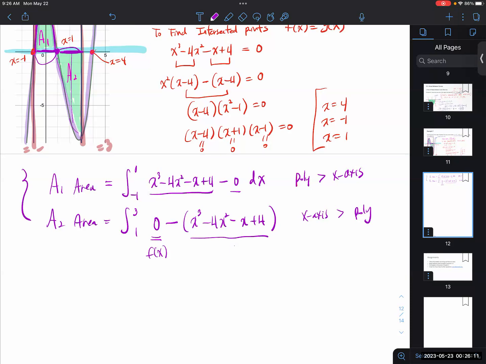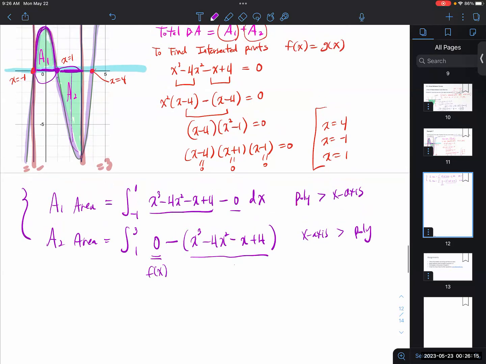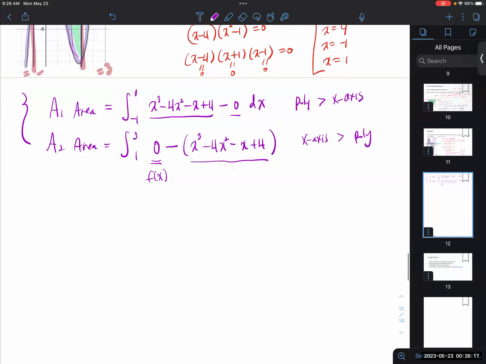And then whatever you get when finishing the integrals, you add those two areas to find the total area. So let's find A1 first. A1, I'm just going to take the integral: x to the 4 over 4 minus 4 x to the third over 3 minus x second over 2 plus 4, from negative 1 to 1.